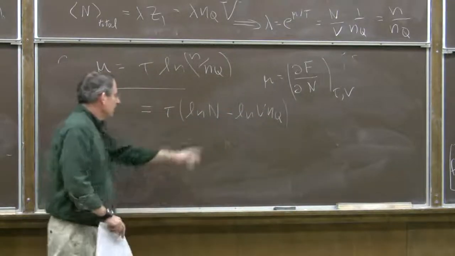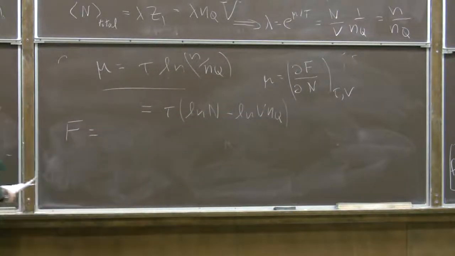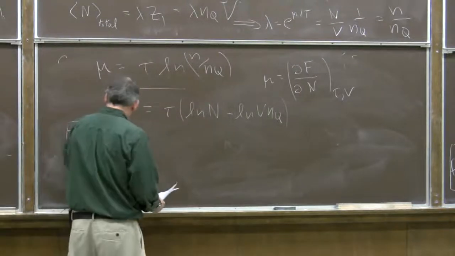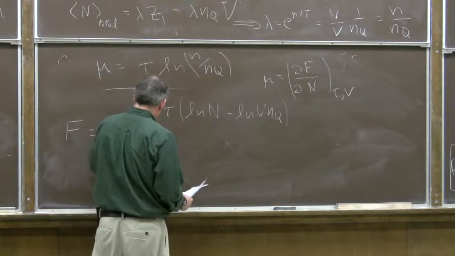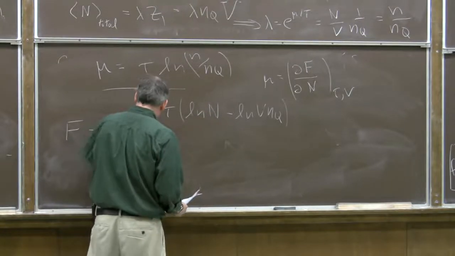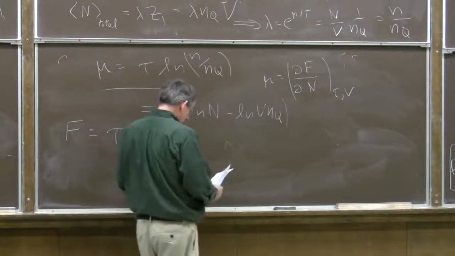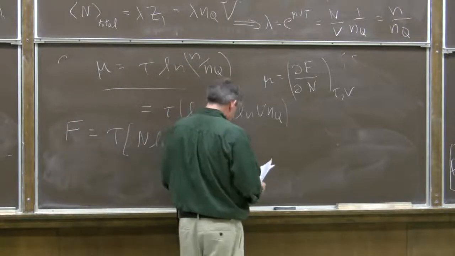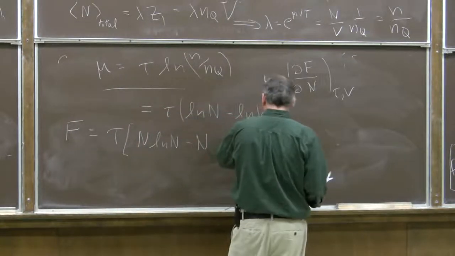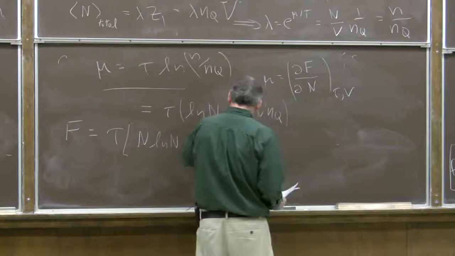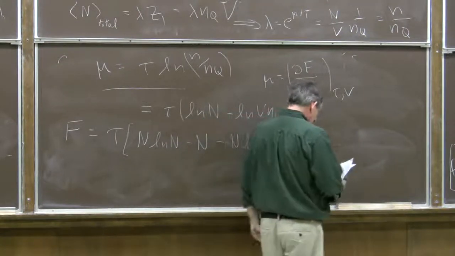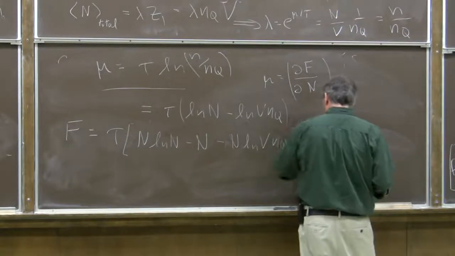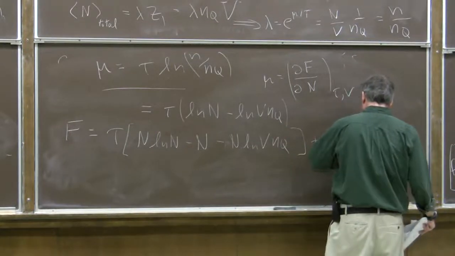So the only part that depends on n is this log n. So when I integrate it, I can write the integral as the integral of log n times tau, which is n log n minus n. And then this just becomes this constant times n, so I have minus n times log of v times quantum concentration. And then in principle, there's some constant of integration.